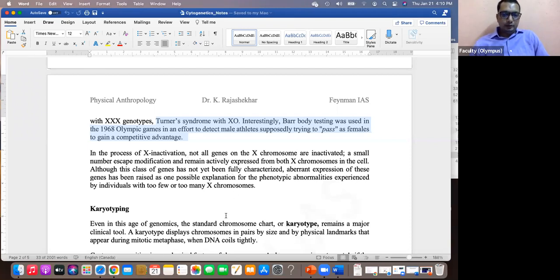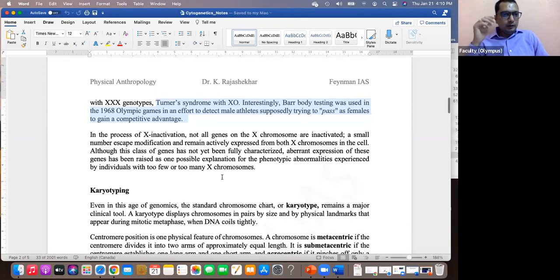Okay, right. So one thing I would like to tell you here, although we talked about X inactivation and although theoretically it may look like the whole X chromosome gets inactivated, undergoing more condensation, so that it becomes too tight to read. If you don't read it, we cannot use it as genetic information, correct? So that's what happens.